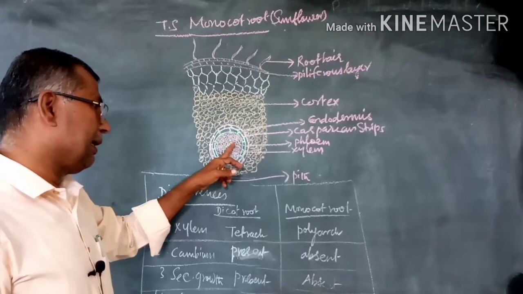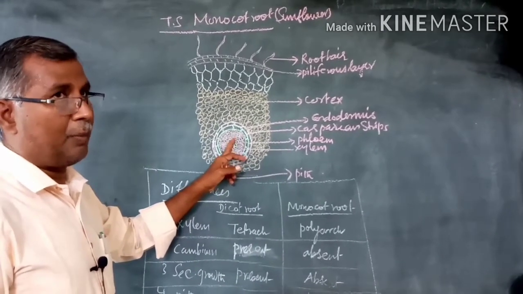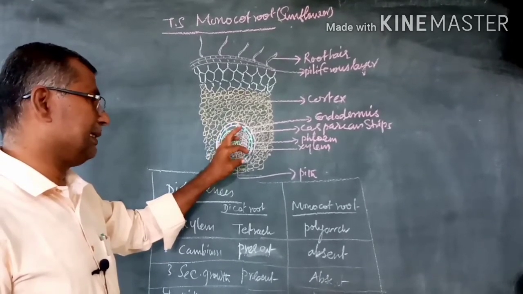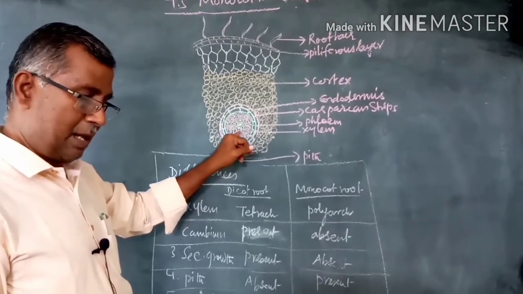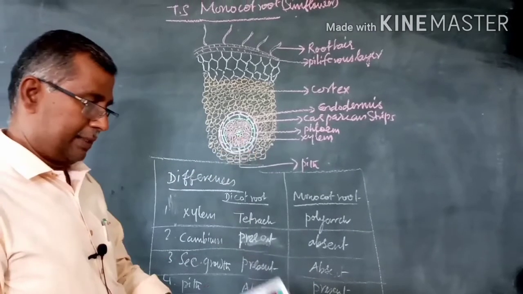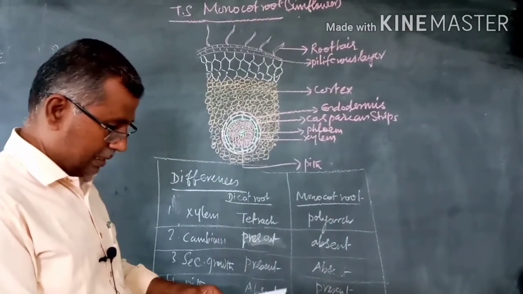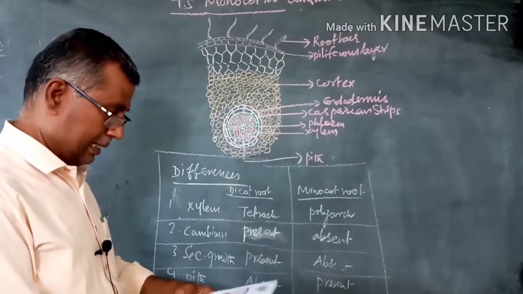Understand? Here the vascular bundle is polyarch. Poly means many. A number of vascular tissues, xylem and phloem, are present, so we call it polyarch. And they are arranged radially.